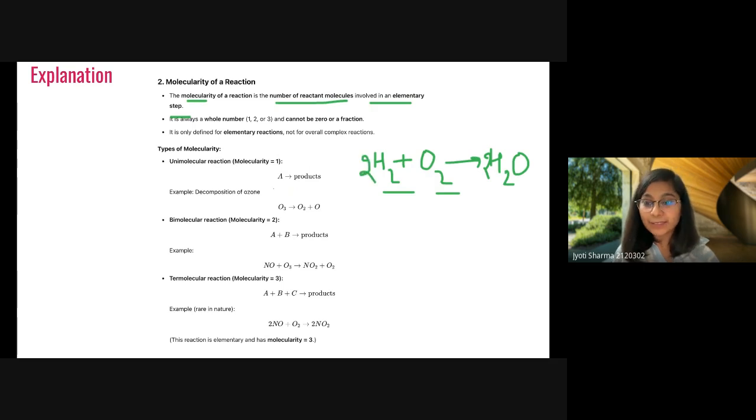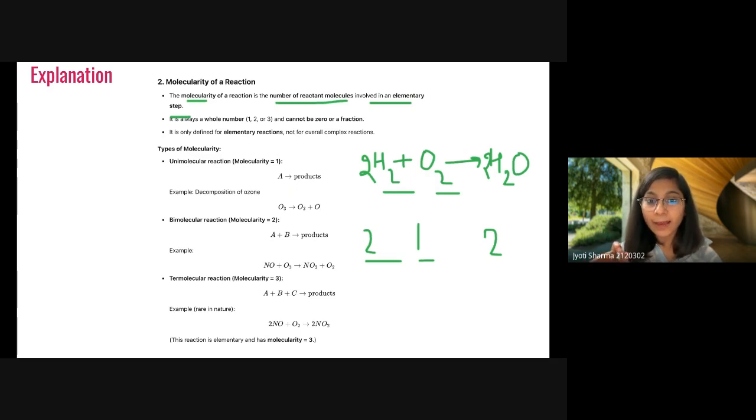So this is the balanced reaction, and here the stoichiometric coefficients are 2, 1, and 2. So this is not the molecularity. If we said the number of molecules are 2 and 1, this is not right, this is just the balanced equation.